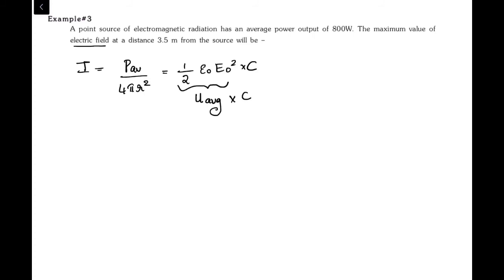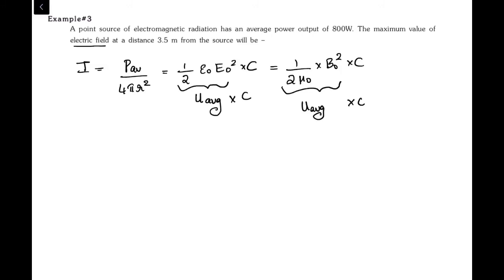Now that is half epsilon 0 E0 square into C, which you can also write as 1 by 2 mu 0 into B0 square into C, because this term is also the total average energy density. I told you we can write in terms of electric field and magnetic field also. There is an independent formula for average energy density for electric field.